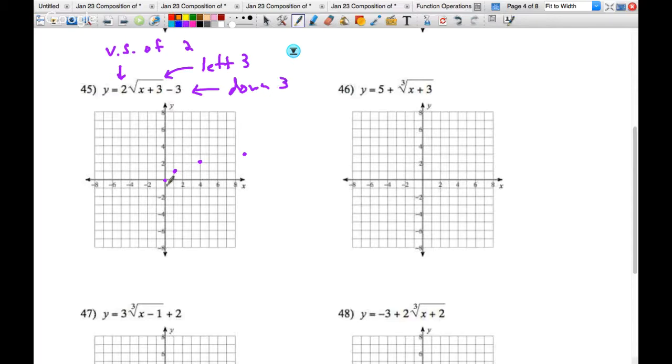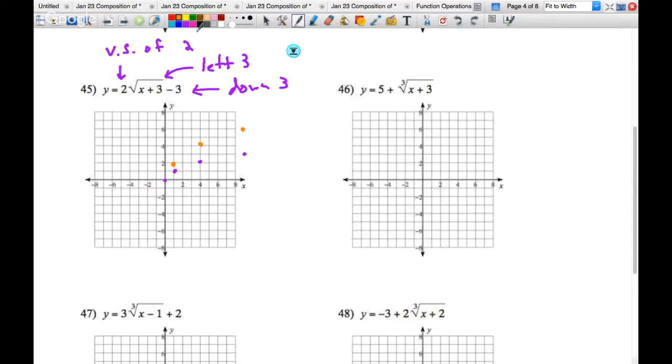So here I'm going to apply that vertical stretch first and double the height of every point. See, this one's at 3, so now it's at 6. Then I'm going to apply the shifts. Left 3, down 3.